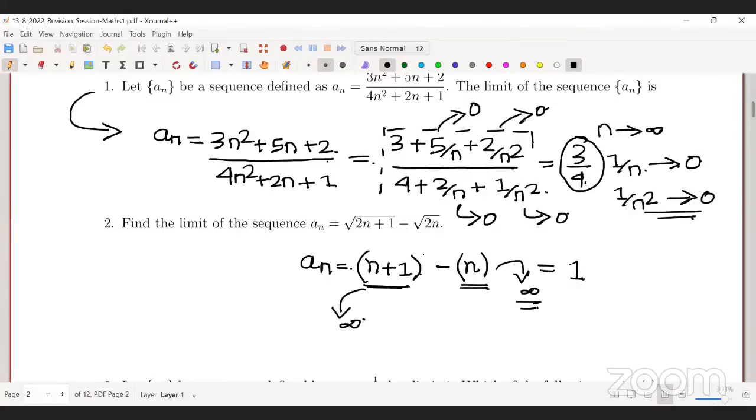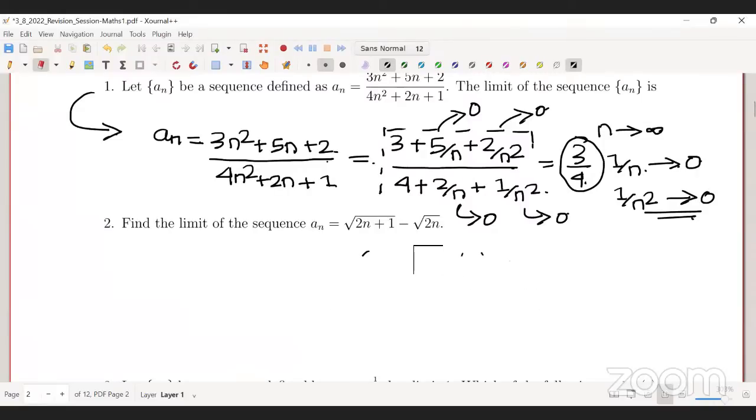So simply by looking at it, if it is something like infinity minus infinity, then certainly you cannot say that it will go towards infinity. If it is in the form of infinity plus infinity, then you can blindly say that it will go towards infinity, because you don't have any barrier, because you have both positive infinity.